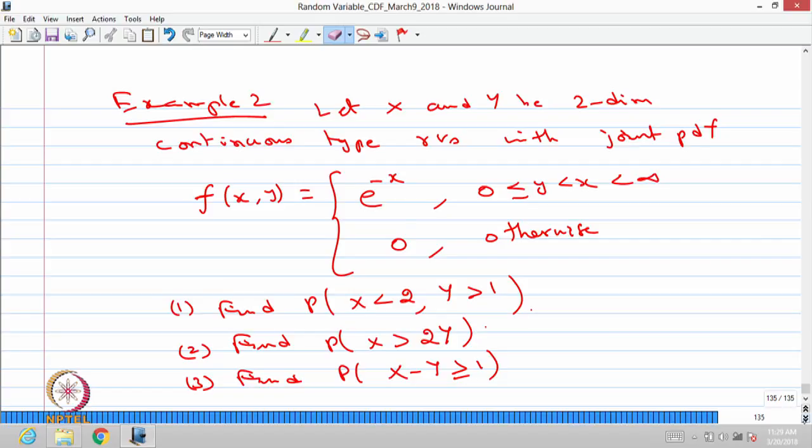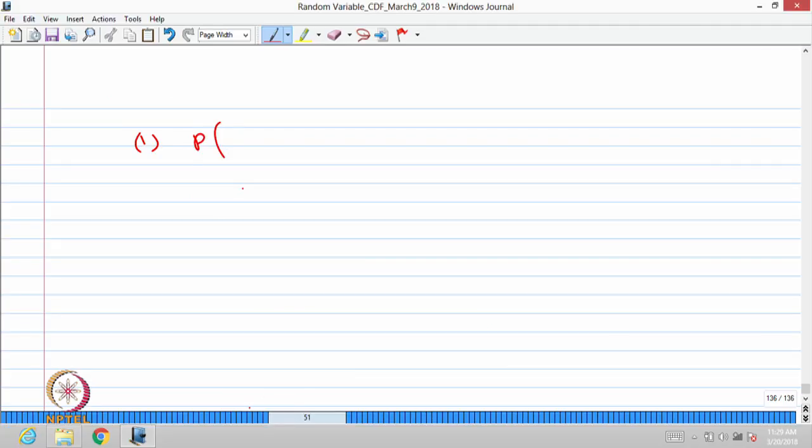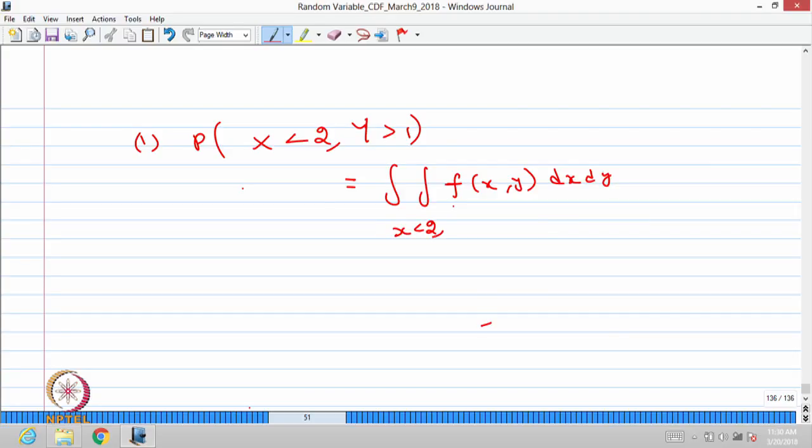We will go for finding the first one. Find the probability of x is less than 2, y is greater than 1. That is nothing but the double integration of the joint probability density function dx dy, where the integration is over x less than 2 and y greater than 1.